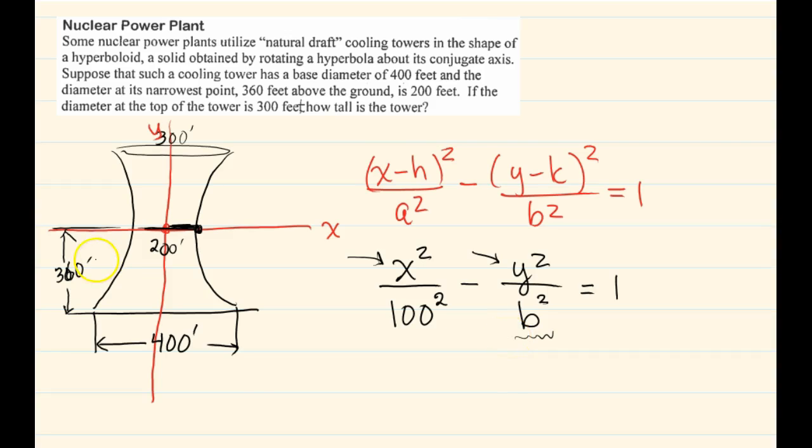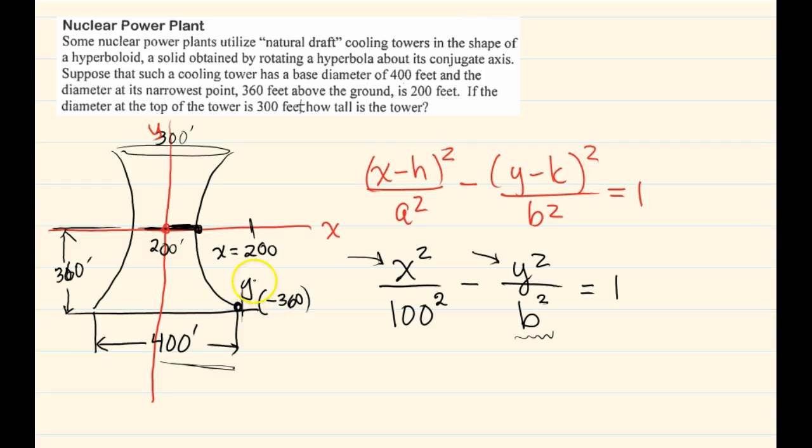We do know a point, this point down here. If we come over this much in terms of x, that value is 200, because it's half of the diameter at the bottom. So that's our x value. And our y value is going down to this point, which is negative 360 feet.